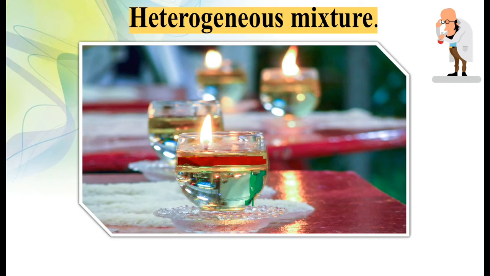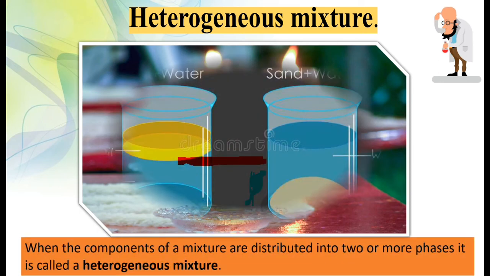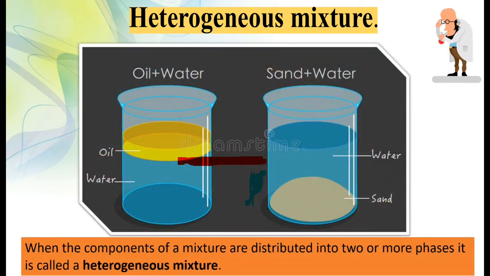So here in this picture you can easily make out that when the components of the mixture are distributed into two or more phases, it is called a heterogeneous mixture. Alright. So here are two examples for you to understand what a heterogeneous mixture is: oil and water, sand and water.